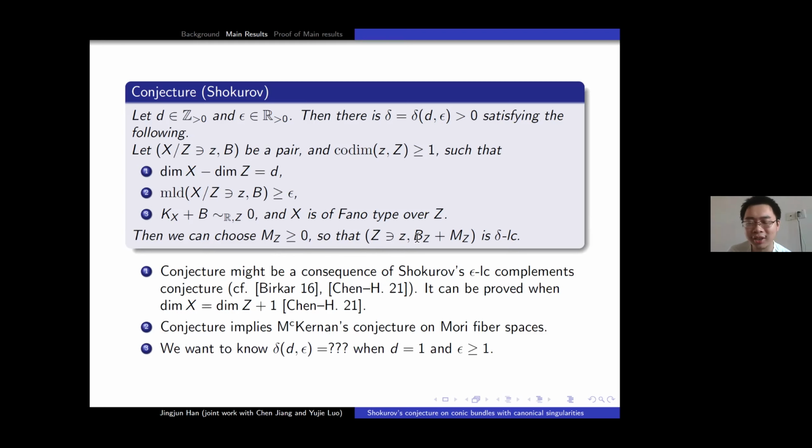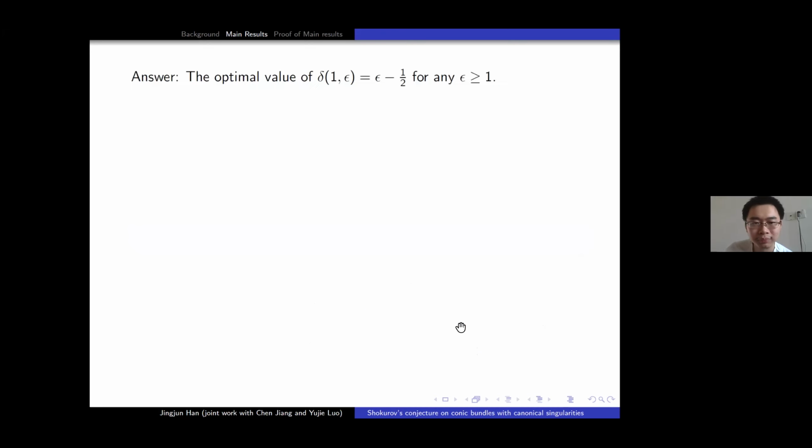So delta depends on the relative dimension and the singularities on X. In today's talk, we are interested in the special case when the relative dimension is equal to 1, and when epsilon is larger than or equal to 1. Because we assume that the pair is canonical, this means that MLD is larger than or equal to 1, so we are interested in the case that epsilon is larger than or equal to 1.